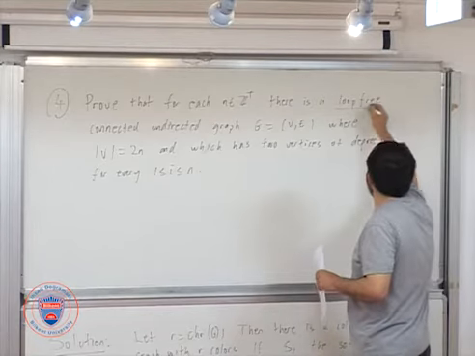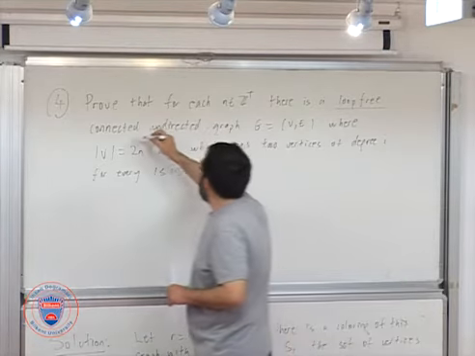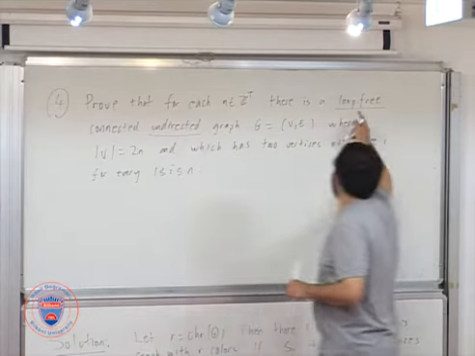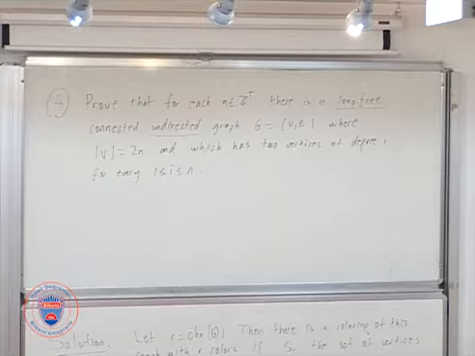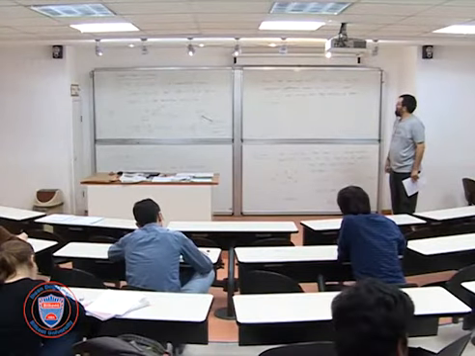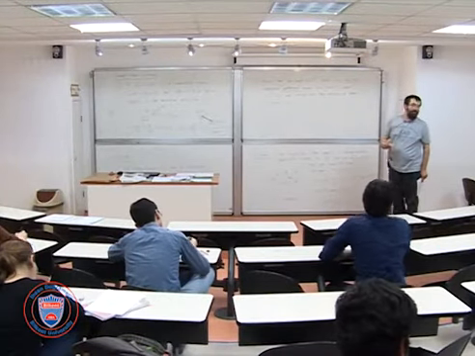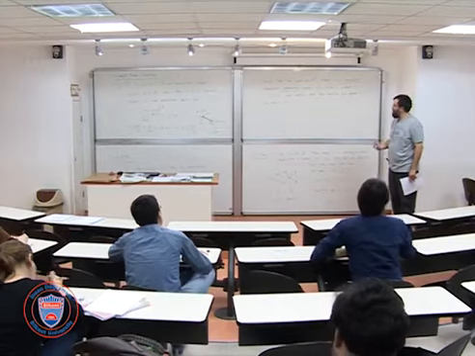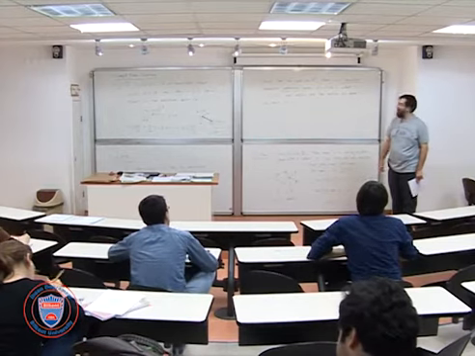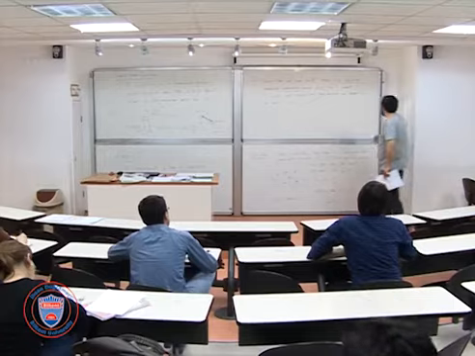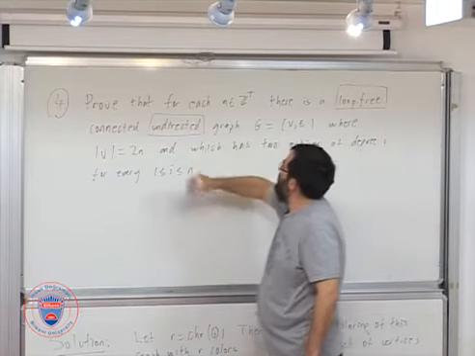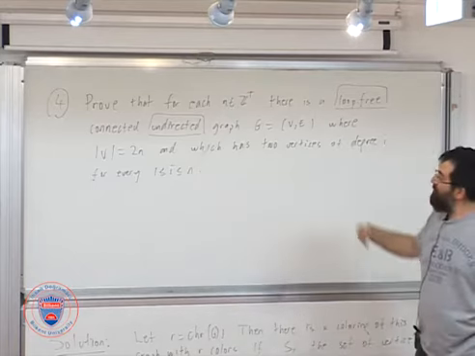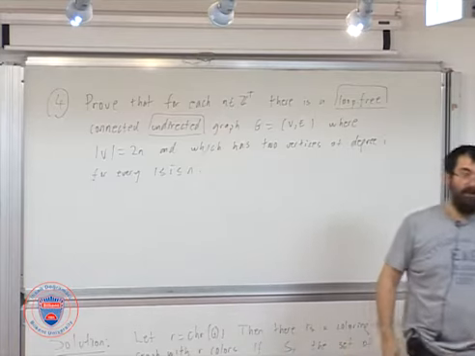Now, this is an important remark I should say. This undirected and loop-free is often stated in problems from Grimaldi, but in problems that we did in the class, we do not actually emphasize that something is loop-free and undirected, because when we say graph, we already mean that it's loop-free and undirected.